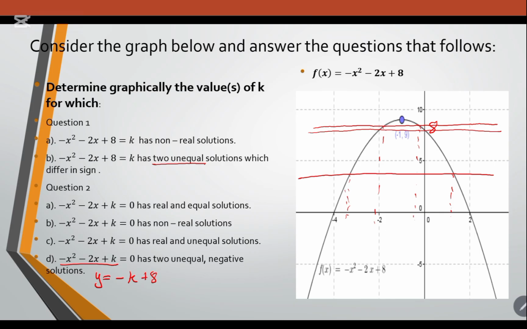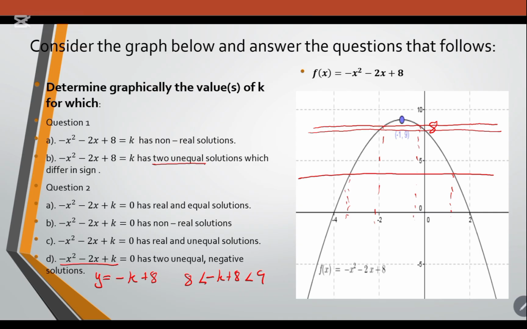Therefore, if negative k plus 8 is a number smaller than 9 but bigger than 8, therefore these two graphs will have unequal solutions which are both negative.